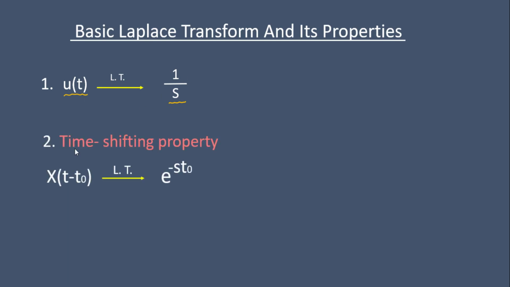Now the next property of Laplace transform is the time shifting property. Consider I have a signal x of t in time domain, and the Laplace transform of this signal x of t is nothing but X of s. The Laplace transform converts a signal in time domain to s domain.